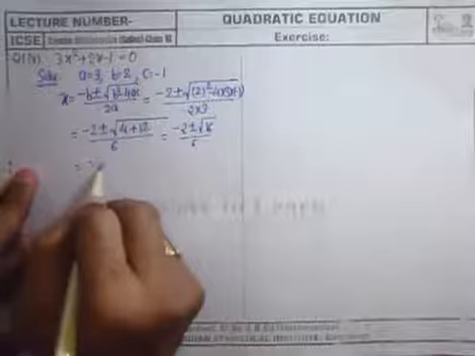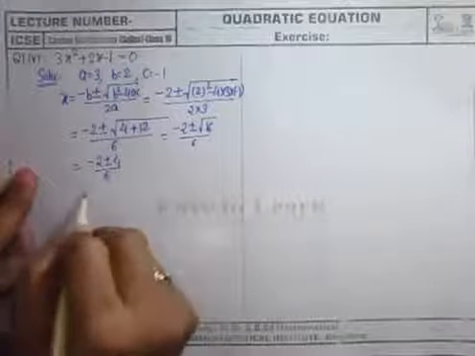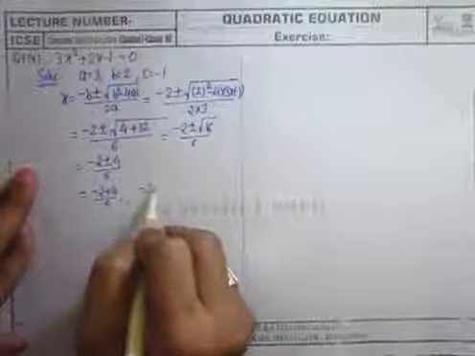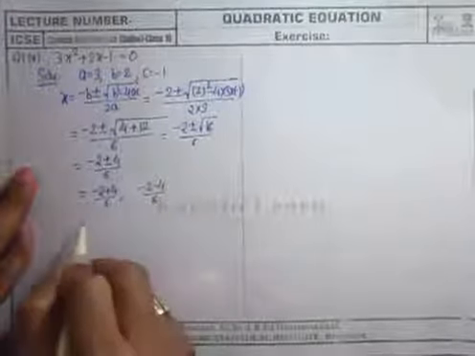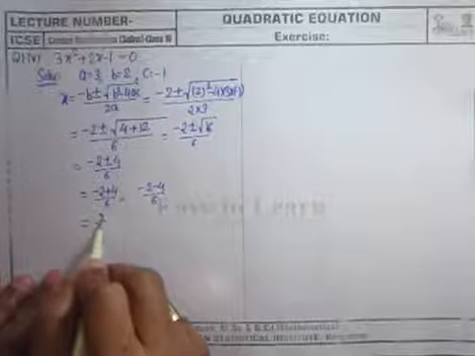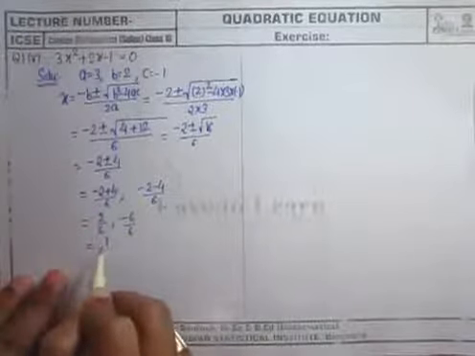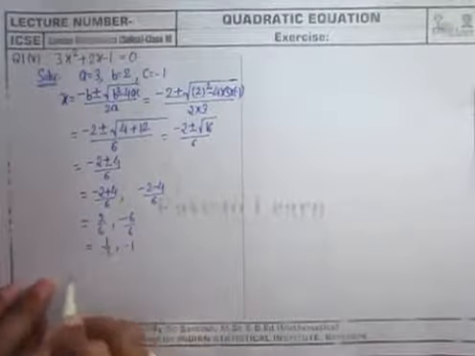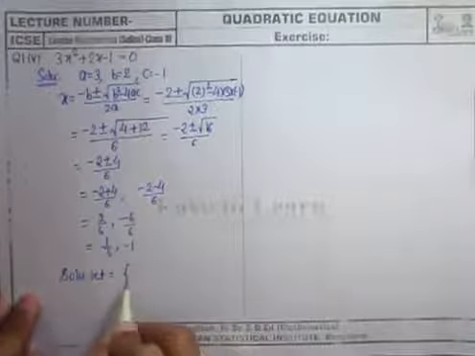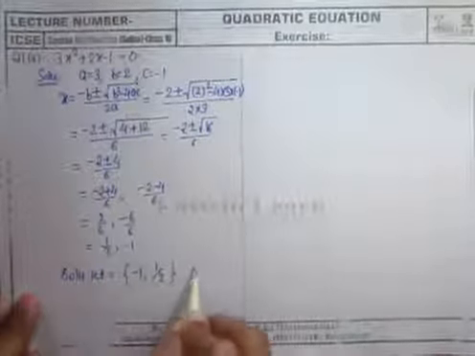So minus 2 plus minus 4 by 6. So one answer will be minus 2 plus 4 by 6 and the other will be minus 2 minus 4 by 6. So this will be 2 by 6 and this will be minus 6 by 6. So the answer is 1 by 3 and minus 1. So solution set is curly bracket minus 1 and 1 by 3. Answer.